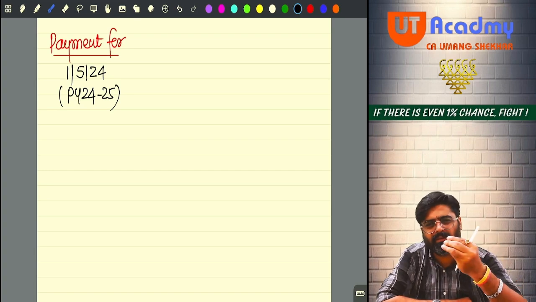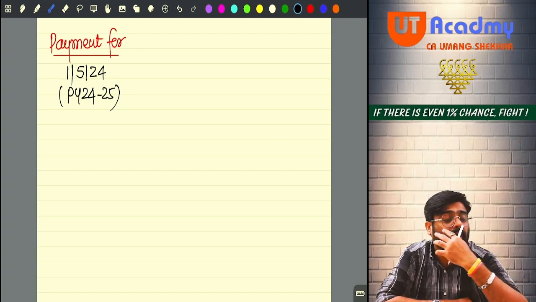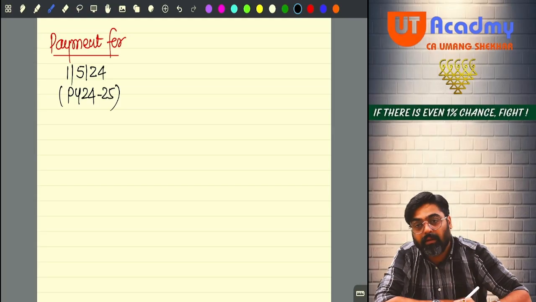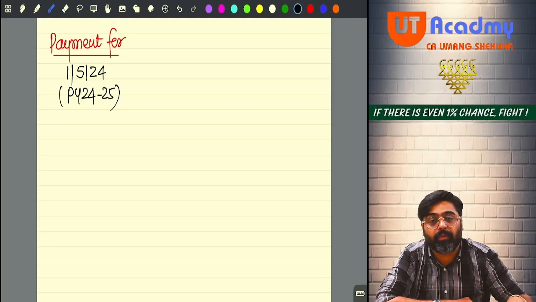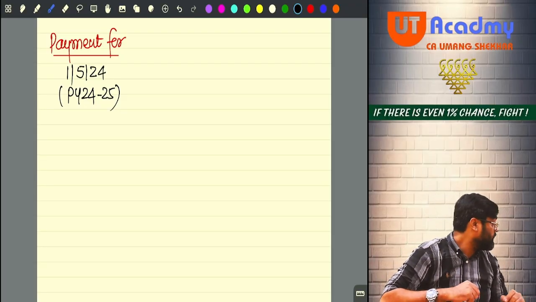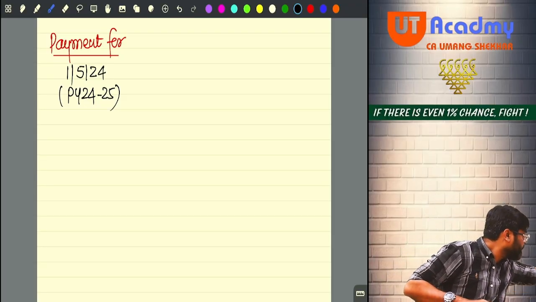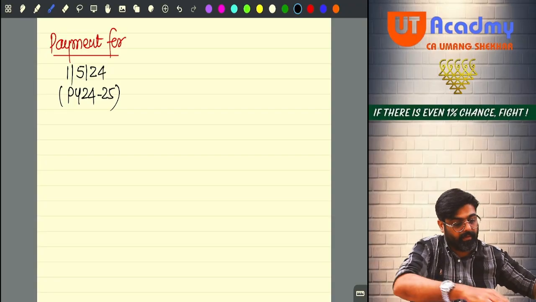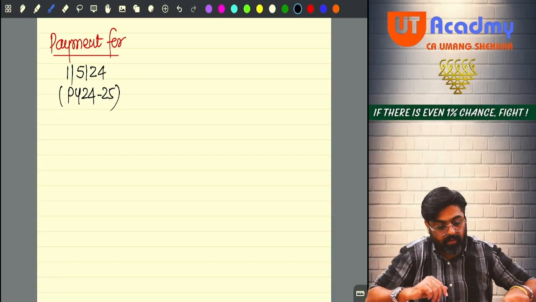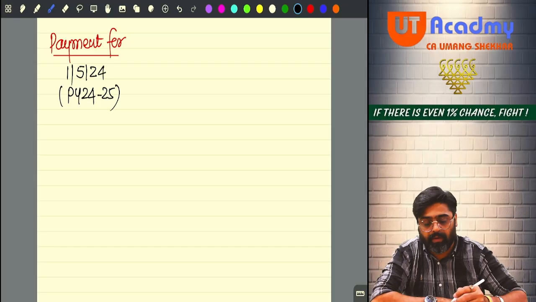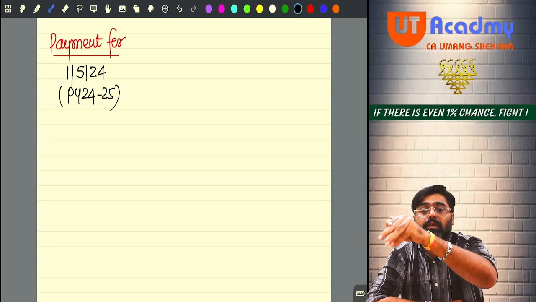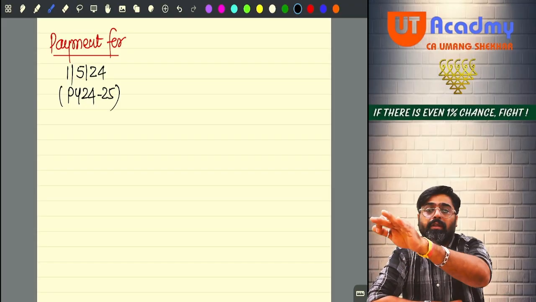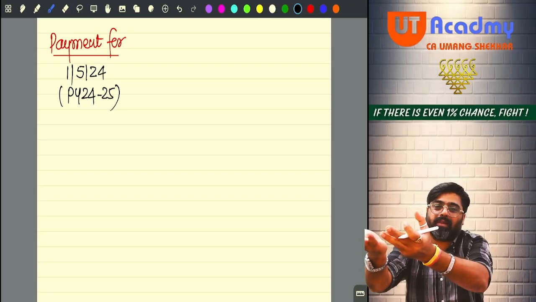So let's take 30 days only. Okay. 1st May 2024. This is the goods or service which you are buying on this date. Meaning the expense is for this year.